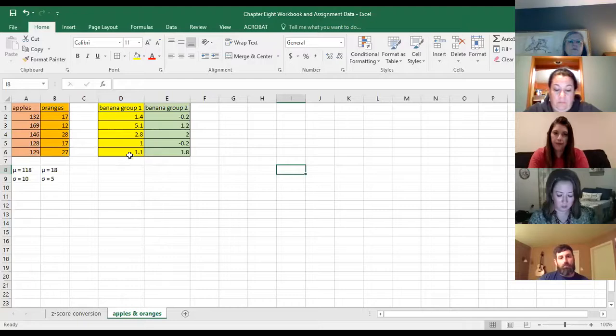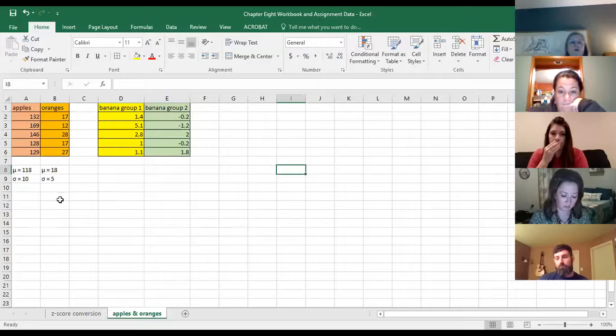This group, this standard deviation is positive, and if we think of it on the standard normal curve, it would be far to the right, correct? As a matter of fact, everything here is positive. Everything here is greater than the average, the mean of 118, so it makes sense that they're all positive.